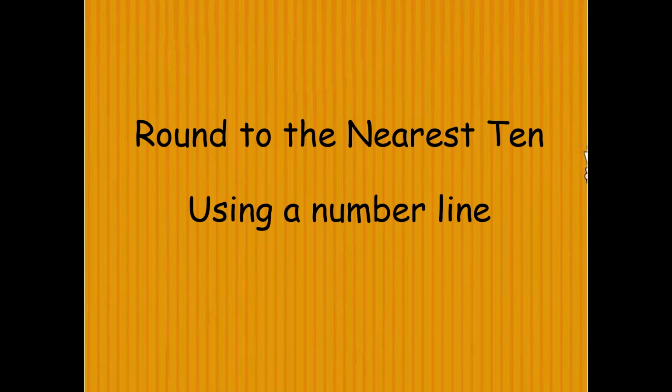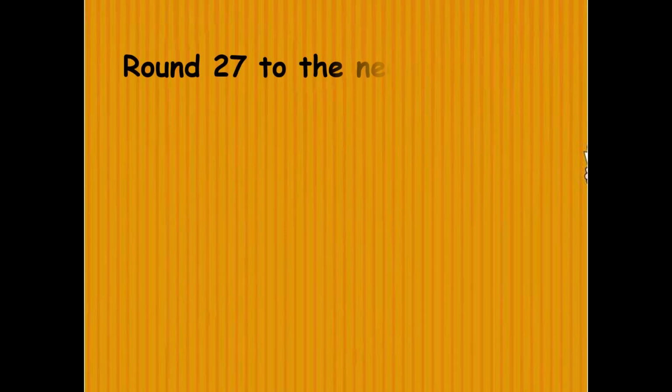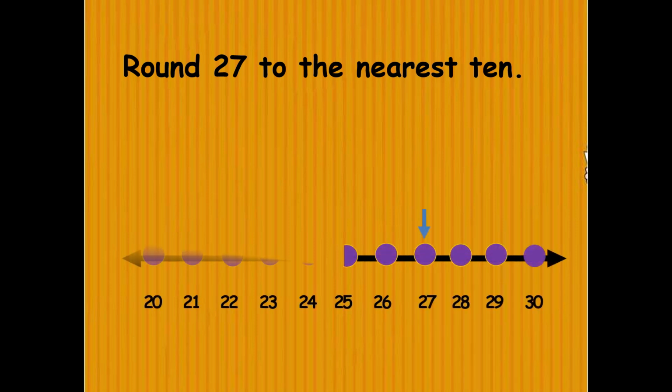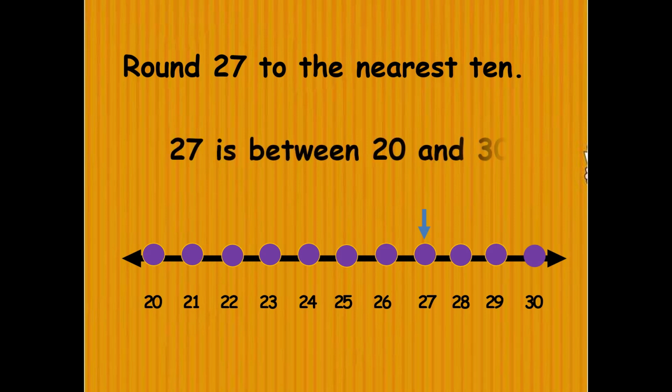This lesson is about rounding off numbers to the nearest 10 using a number line. Round 27 to the nearest 10. Using the number line below, 27 is between 20 and 30. Digit 2 is in the tens place. Digit 7 is in the ones place.